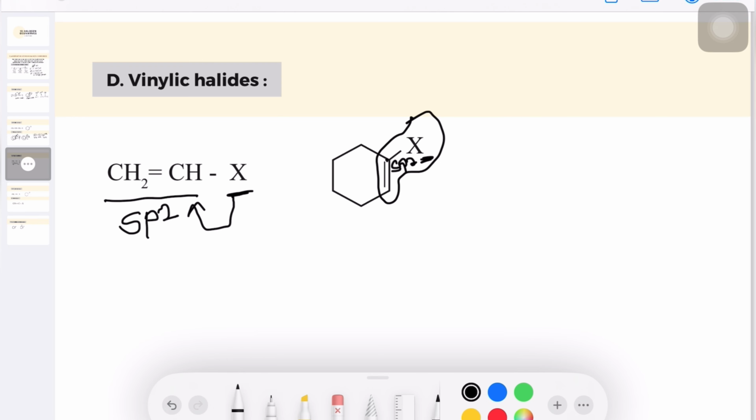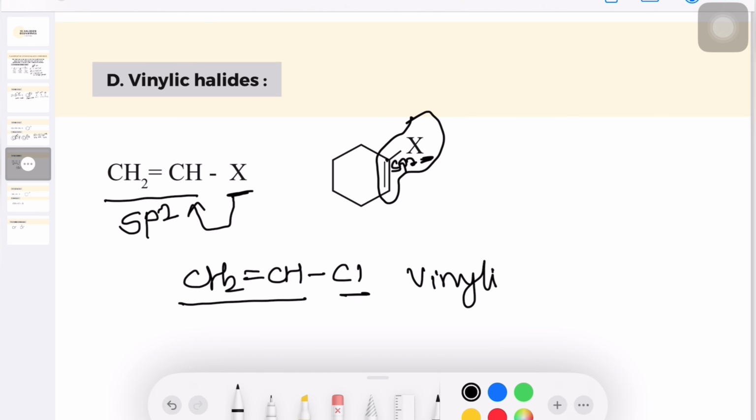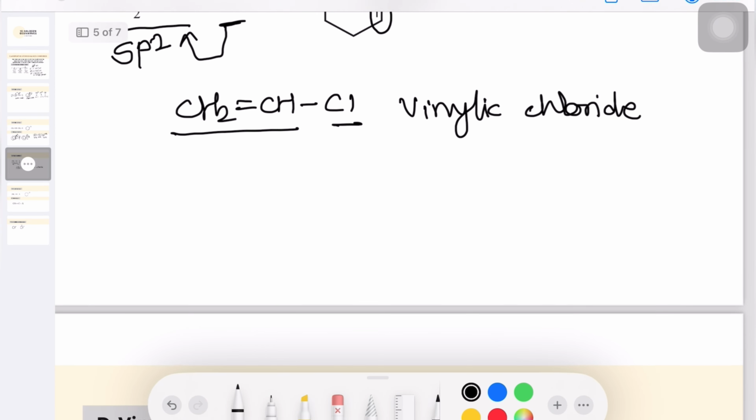Such functionality is known as vinylic halide. Let us see one example: CH2=CH-Cl. What is the name of this compound? This is the vinylic part, this is the halide part, so vinylic chloride.